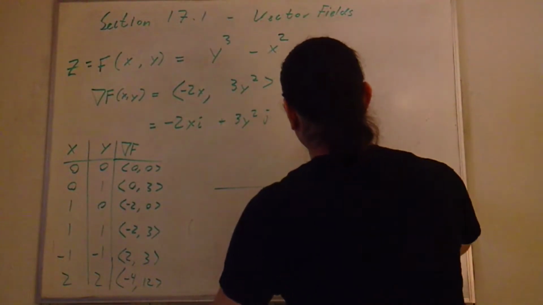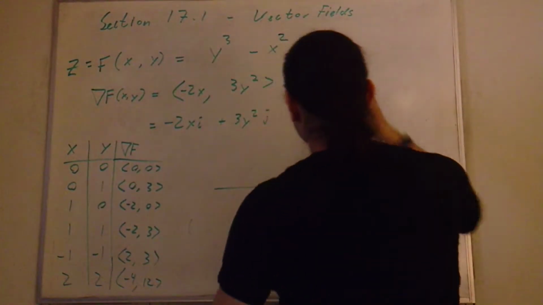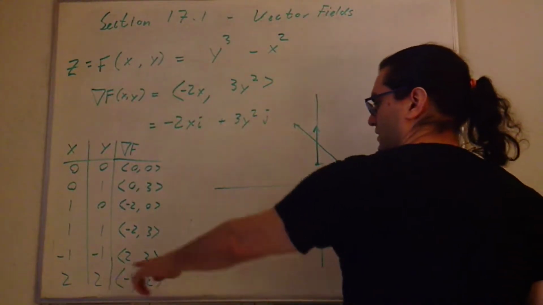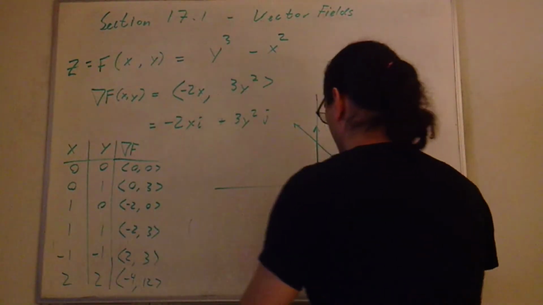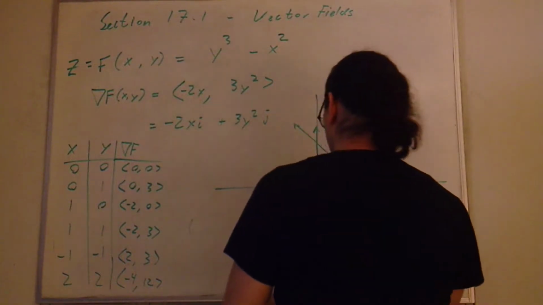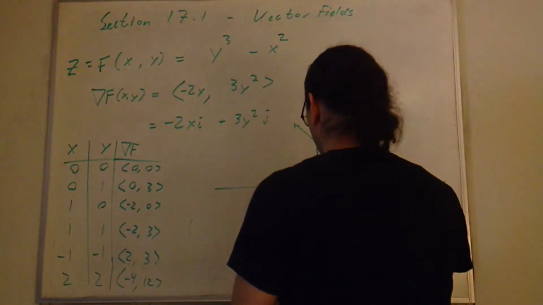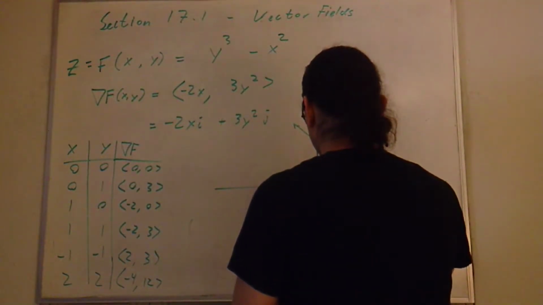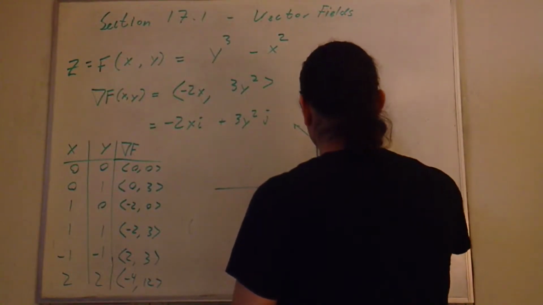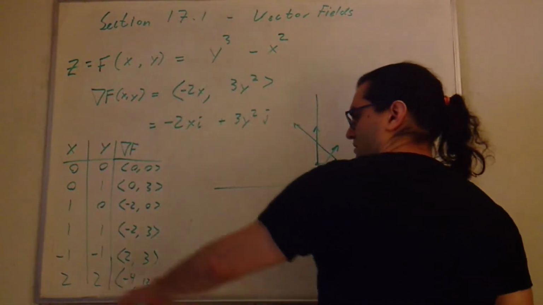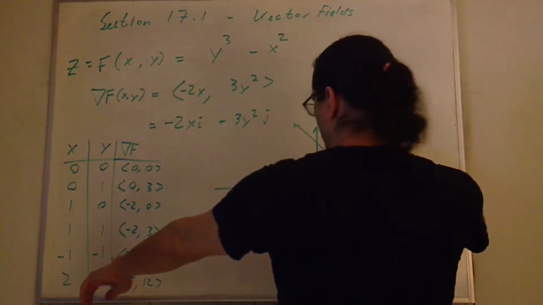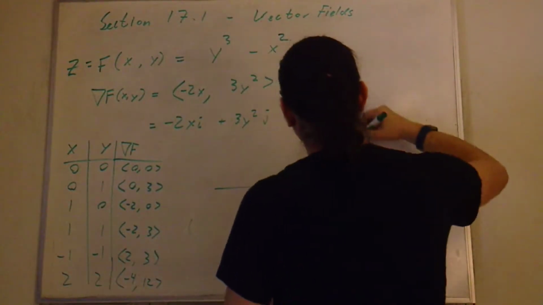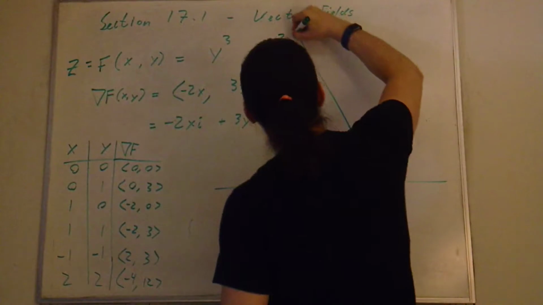So we're going to be doing one of these. At negative 1, we're going positive 2 on the x and still 3 up on the y. So we're doing one of those. At 2, comma 2, we're going negative 4 and 12. So we're doing one of these.